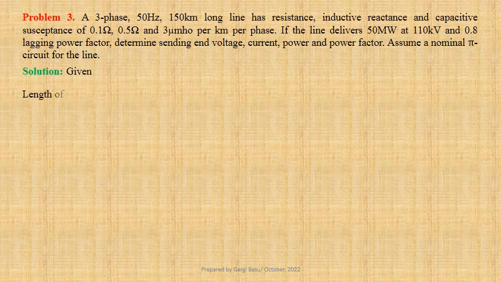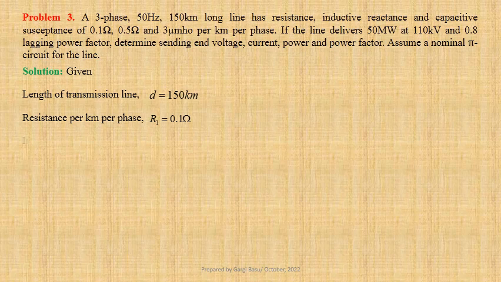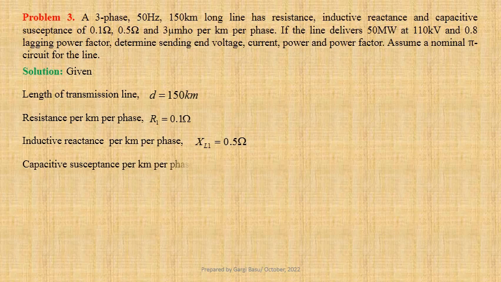Given length of the transmission line D equals 150 kilometers. Resistance per kilometer per phase R1 equals 0.1 ohm. Inductive reactance per kilometer per phase XL1 equals 0.5 ohm and capacitive susceptance per kilometer per phase BC1 equals 3 micromho.